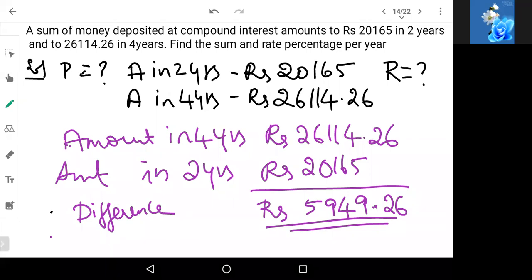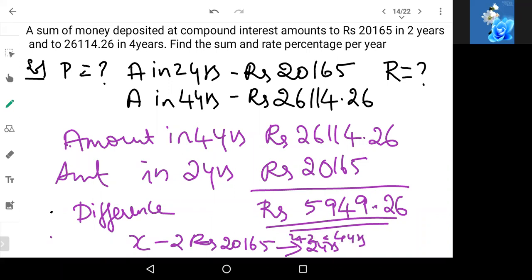Okay, now if X amount is deposited for 2 years, you will be getting 20,165. Okay, and if you continue to deposit for another 2 years, that is 2 plus 2, totally 4 years you are keeping the money, where you will get 26,114.26.